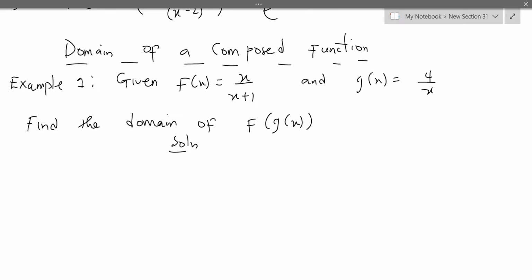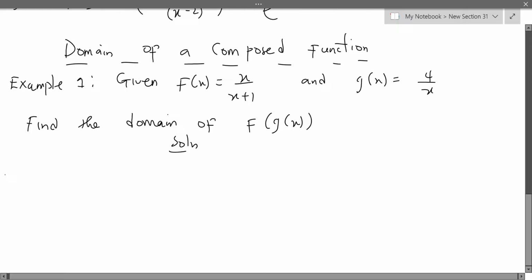It doesn't work like that. To find the domain of a composed function, you need to find the domain of the inner function, like that g of x that is inside. You need to find the domain of that one, and then do your composed function, find the domain of that, and whatever restriction you have in both is what you consider to be the domain of the whole function.